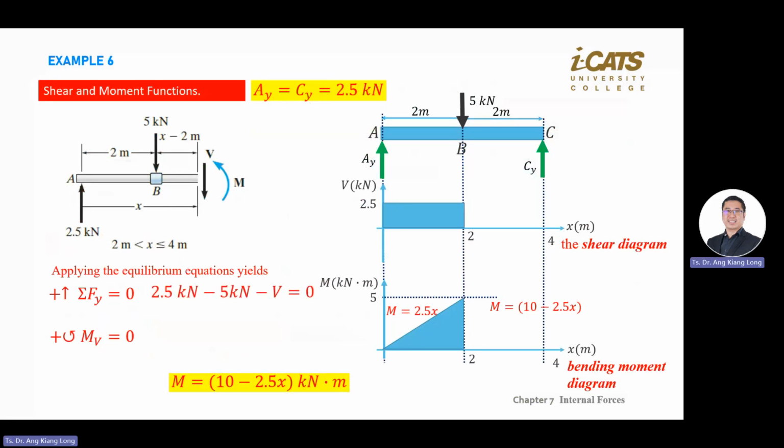From this free body diagram, all the force equals 0, you arrive at 2.5 kilonewton going up, 5 kilonewton going down negative, V going down negative, V equals 0.